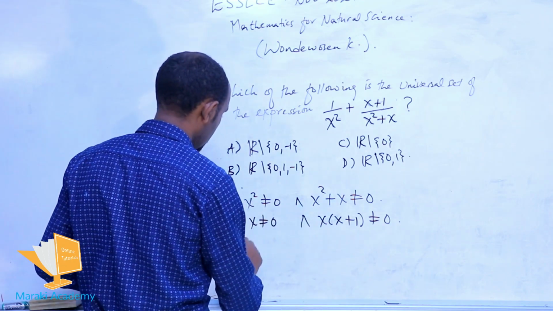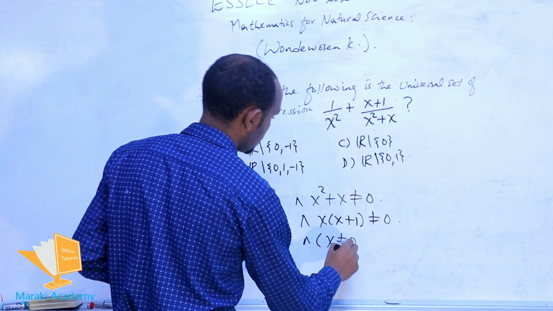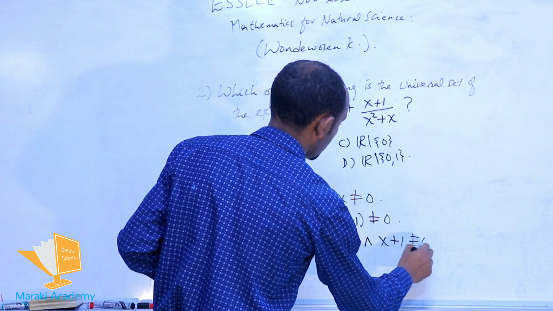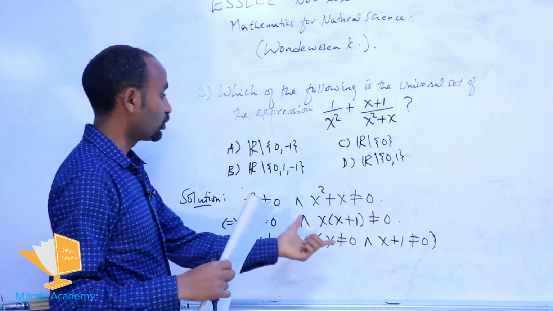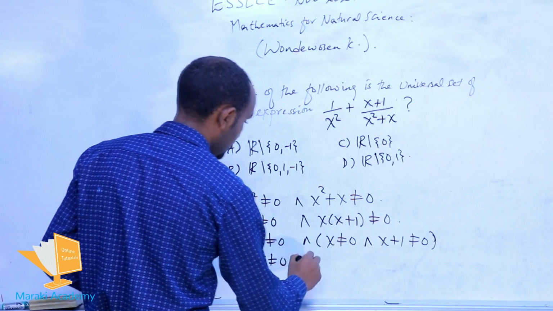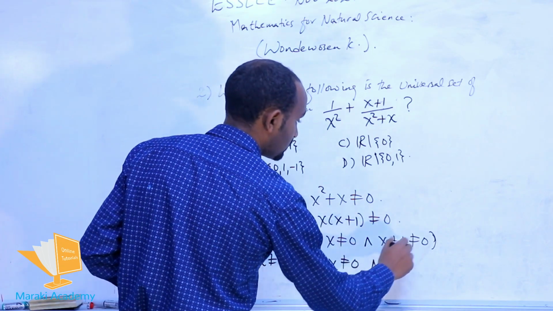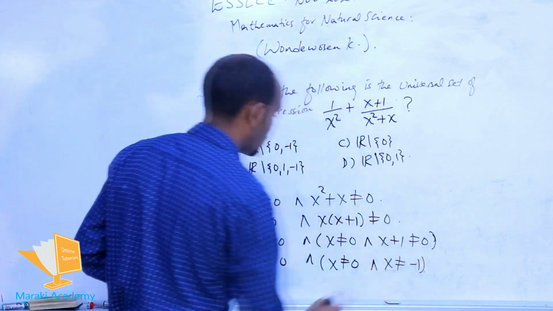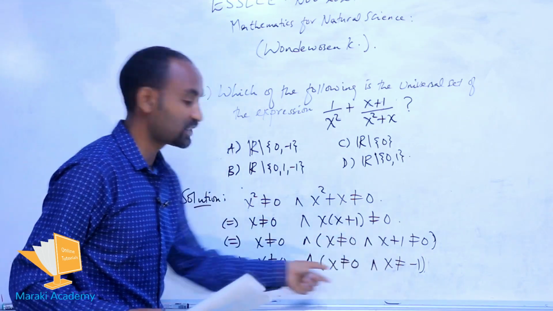So x should be different from 0, and x plus 1 should be different from 0, because if one of these is 0, the product would be 0. So both should be different from 0. This means x different from 0, and x plus 1 different from 0 means x different from minus 1. These are all connected by the conjunction and therefore all of these should be satisfied.